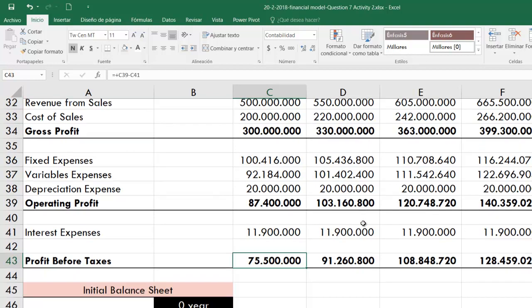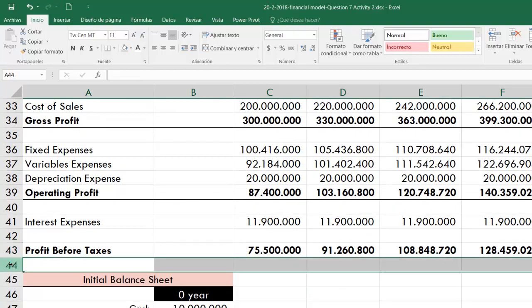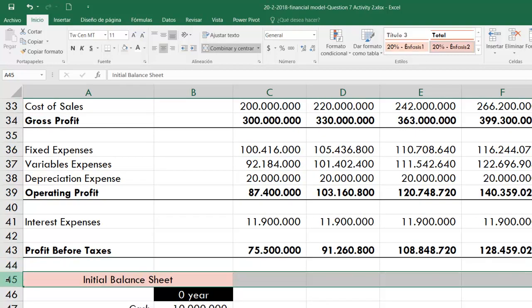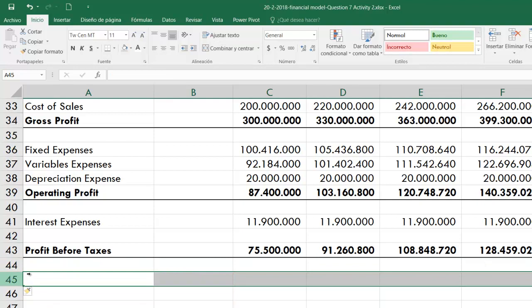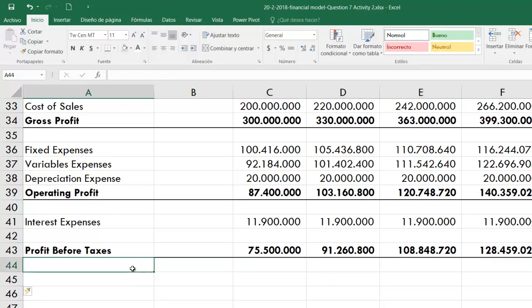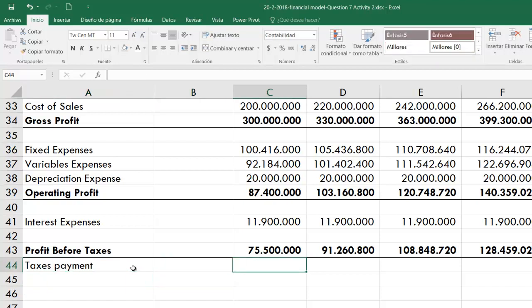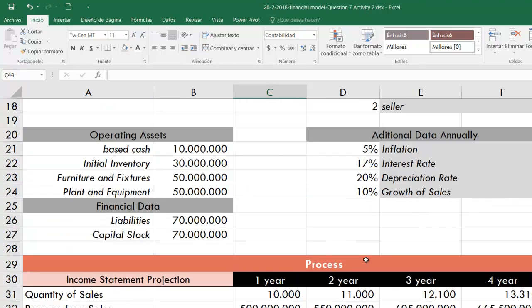I also could include my tax expenses, which I will include some rows here. So taxes payment only happens if you have profits right here. So we should make an if formula in order to perform that. And we also need a tax rate.